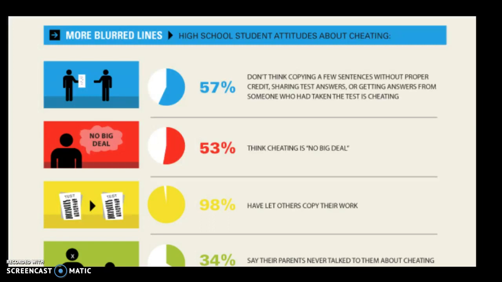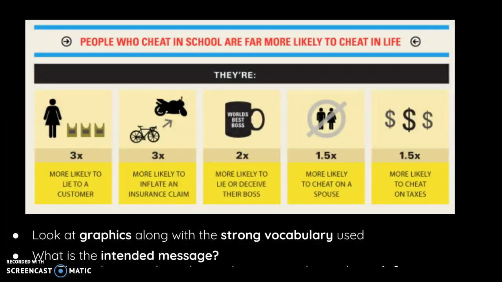Here's some more statistics shown on the infographic that I found. Look at the graphics along with strong vocabulary used. So this is awesome to have on the infographic because it's proving my point about cheating in education.